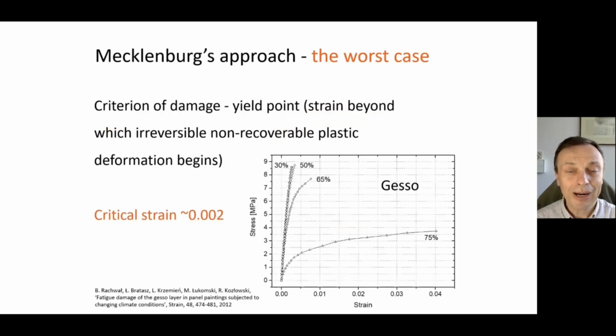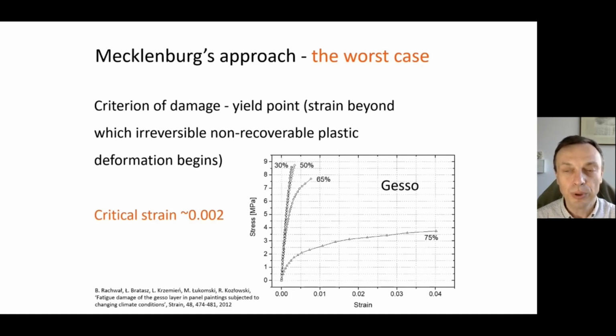If you combine this with the information that gesso at lower relative humidity is a very brittle material, it cracks very easily, and the critical strain is only 0.002, then you have the worst case scenario.